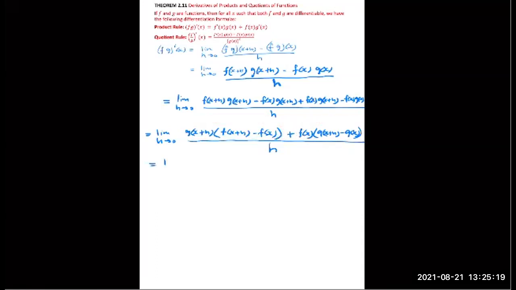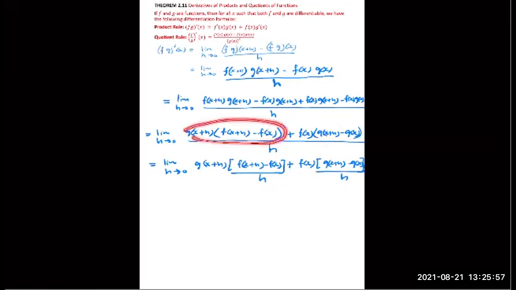So this is equal to limit as h approaches 0, g of x plus h times f of x plus h minus f of x divided by h, plus f of x times g of x plus h minus g of x divided by h. All I did was put this h underneath of this expression and the same h underneath of this expression, because this is a summation, this plus this.